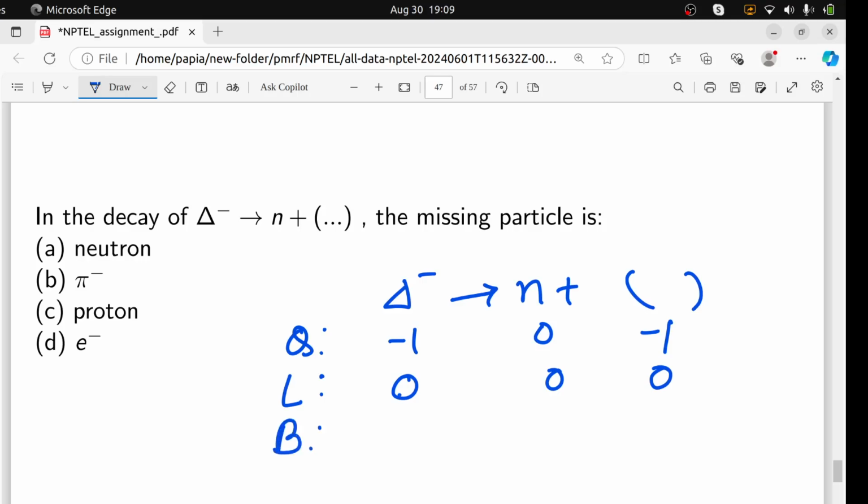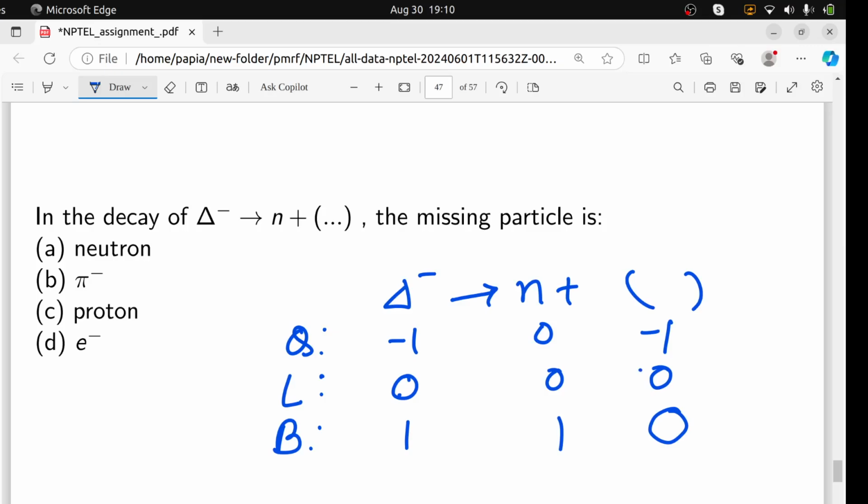Baryon, this is one baryon, so this particle is also not going to be a baryon because 1 is already there. So this particle is not a lepton, this particle is not a baryon, and the particle will have a charge minus 1. These three conditions we got.